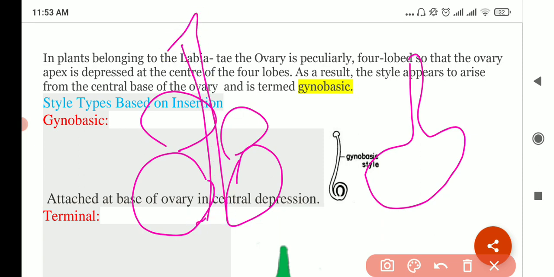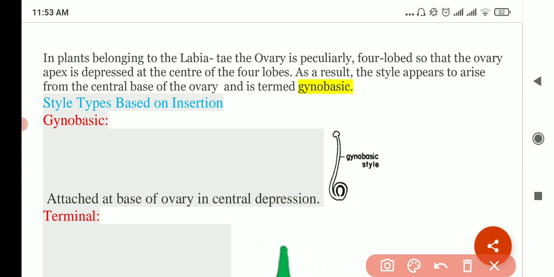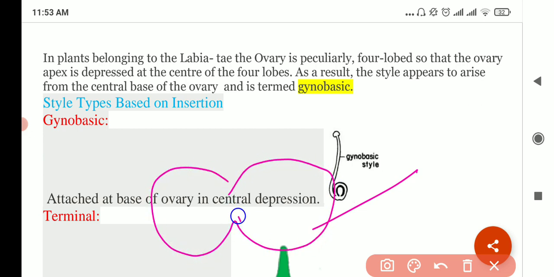It appears like this. Okay. So when the style appears to come from the base, we'll call it as gynobasic. Okay. Here is the diagram, but the one I drew in my free hand, it gives you a clearer picture. Okay, you can imagine it in a better way.